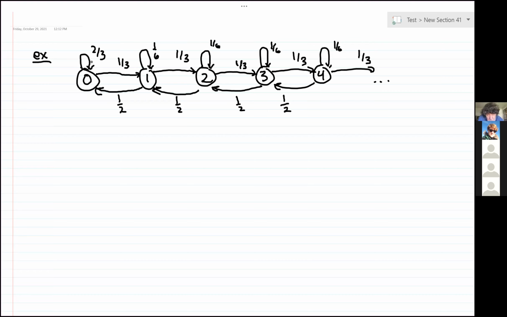If you remember from chapter 1, when the probabilities are bigger going down, this turns out to be a recurrent chain. Birth-death chain. That's from chapter 1.